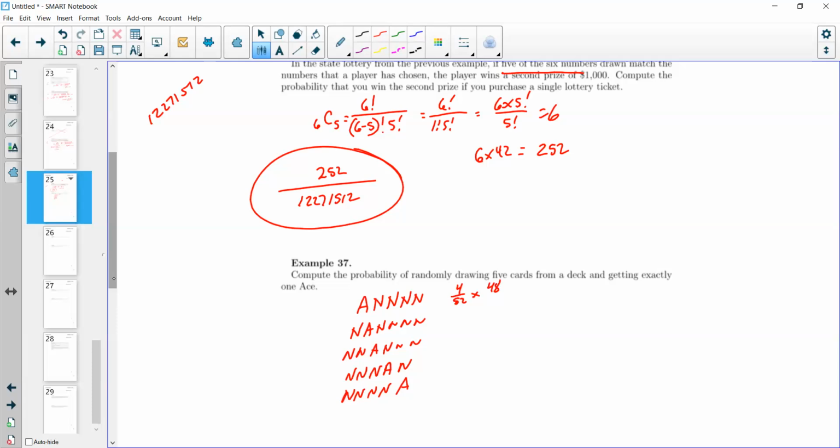How many cards are left? 51. Okay, now, third card. What's the probability it's not an ace? How many non-aces are left? If we had 48, we took one of them out. How many are left? 47. And how many cards are left now that we've taken 2 out? 50. You had the right number, just in the wrong place.